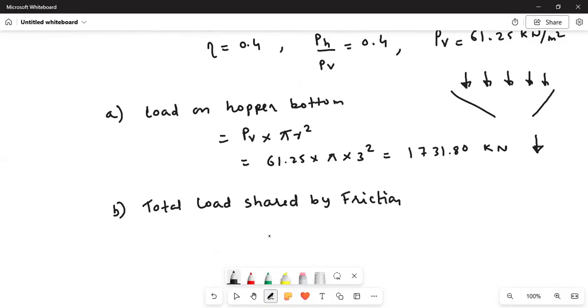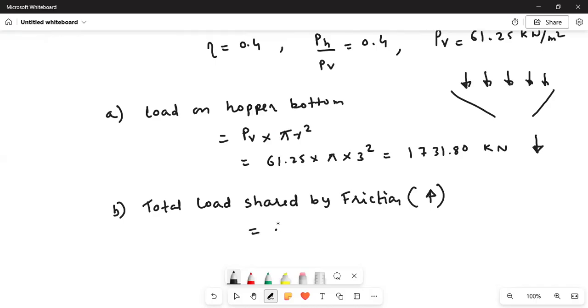The friction will resist the load. Since it is resisting the load, it will be in the upward direction, because of the friction between the wall and the material there will be an upward force, and that upward force will resist the downward force.